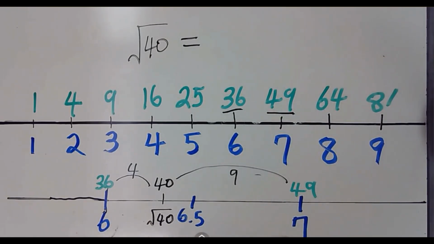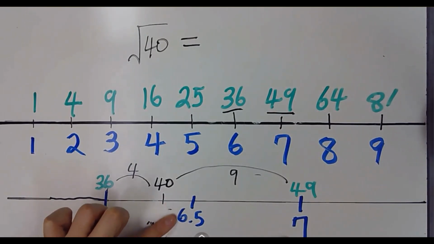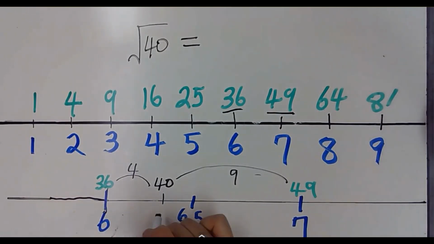There are many various answers that you can give, but roughly, around 6.3 will be a good estimate. Any answers ranging from 6.2 to 6.3 would be a fairly solid estimation.